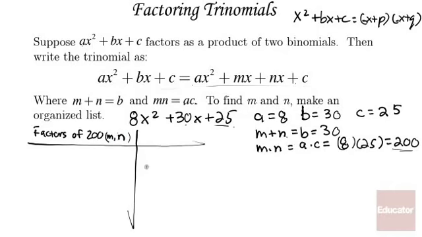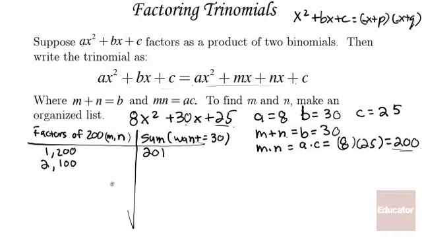The second thing I know is that the sum of m and n needs to be 30. I want it to equal 30. So I'm going to go ahead and find factors of 200. And I can start out with 1 and 200, but I know that those are much too far apart. And I'm going to end up with 201. I need to find factors that are closer together.